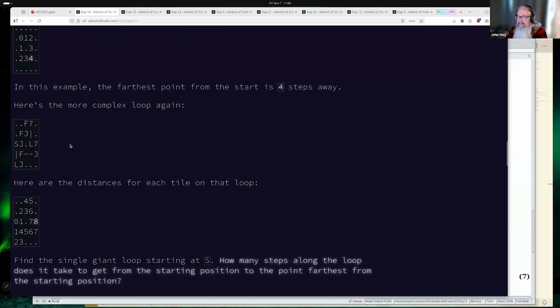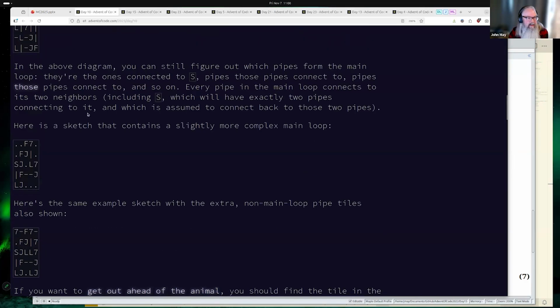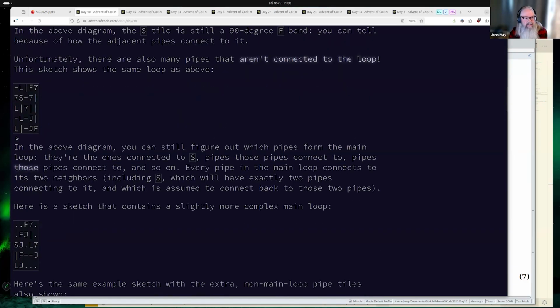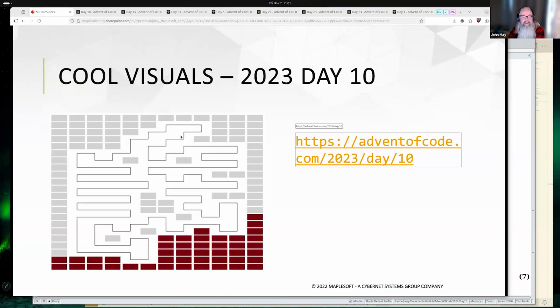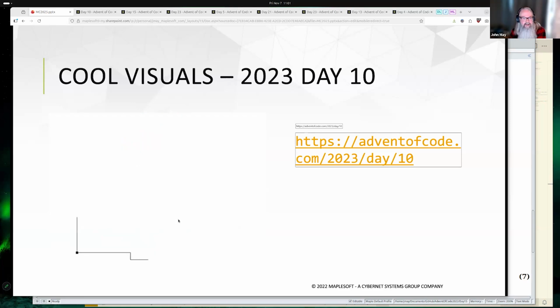So you're given an ASCII description of a maze, but it actually looks like this. So some of these things are connected and some of them are not, and you have to decode that into a boundary fence. And then in this case, you have to count the number of integer points inside this curve.